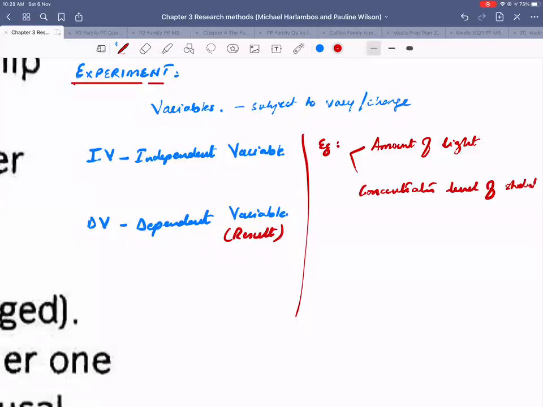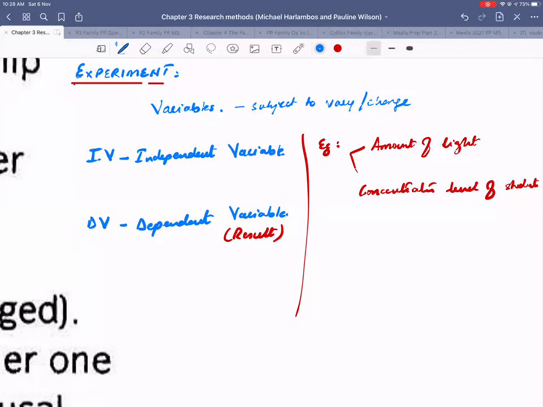Right? Now, don't you think if I'm going to figure out the relationship between the amount of lights and the concentration level of students, the variable that I'd be in a position to manipulate over here in this case would be the amount of light.